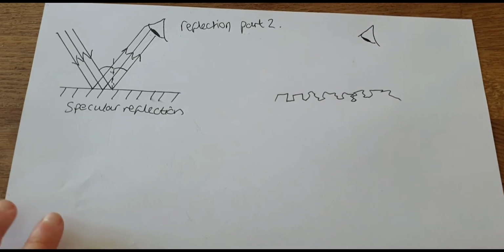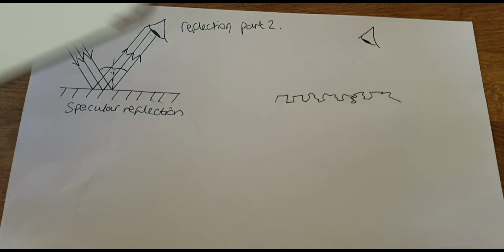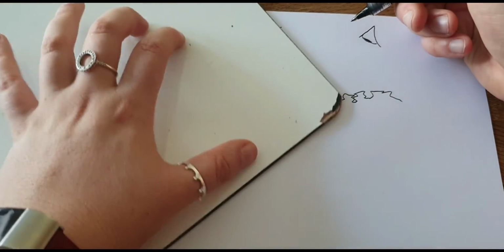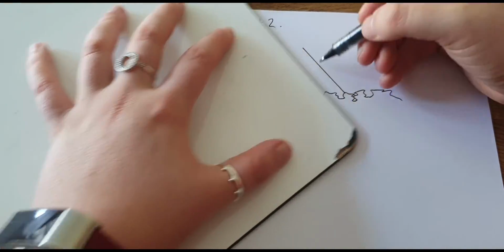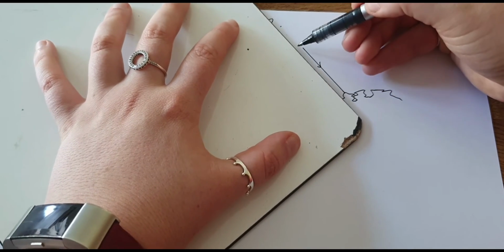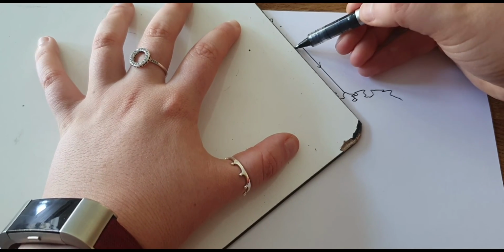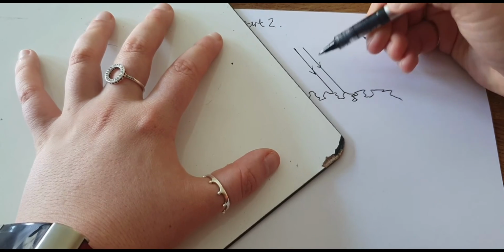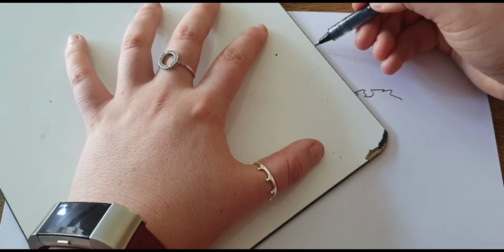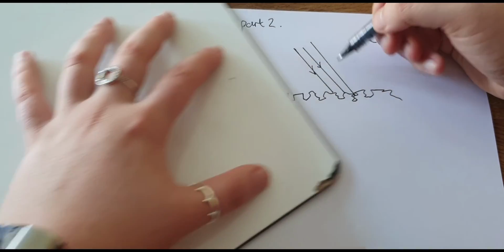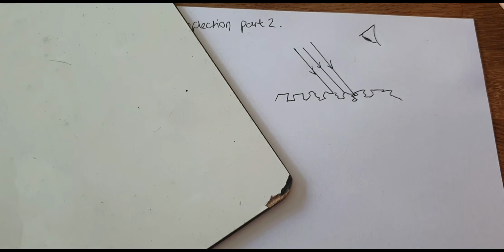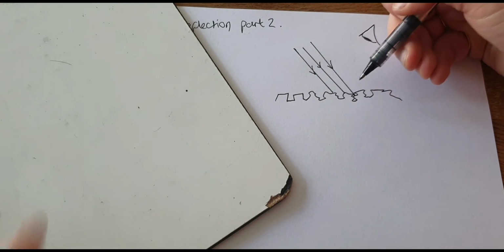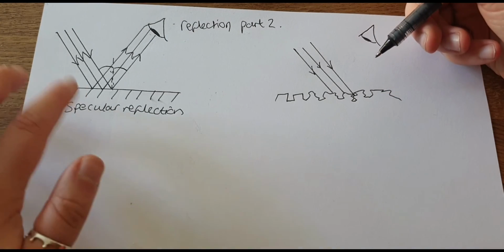There we go, there's our pupil. And let's draw my 3 incoming rays of light first of all. There's one. There's 2. I didn't quite draw that parallel, but let's imagine it was. There's 3.